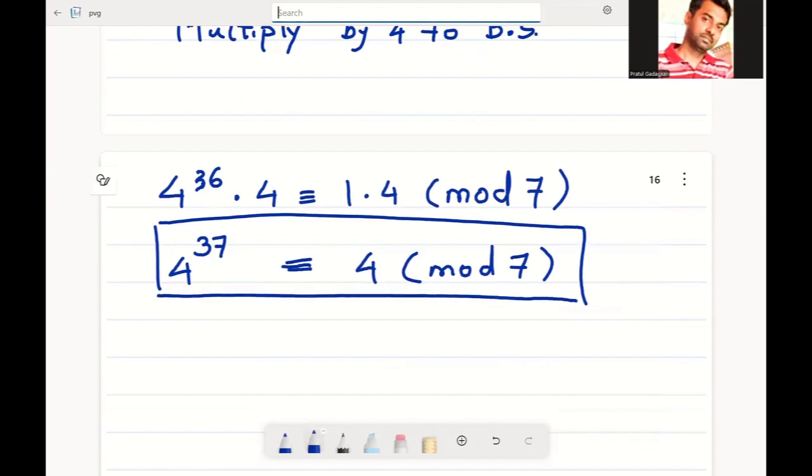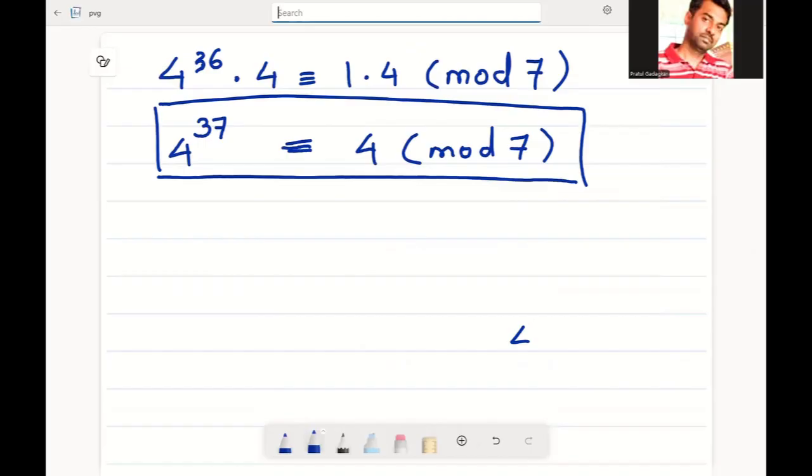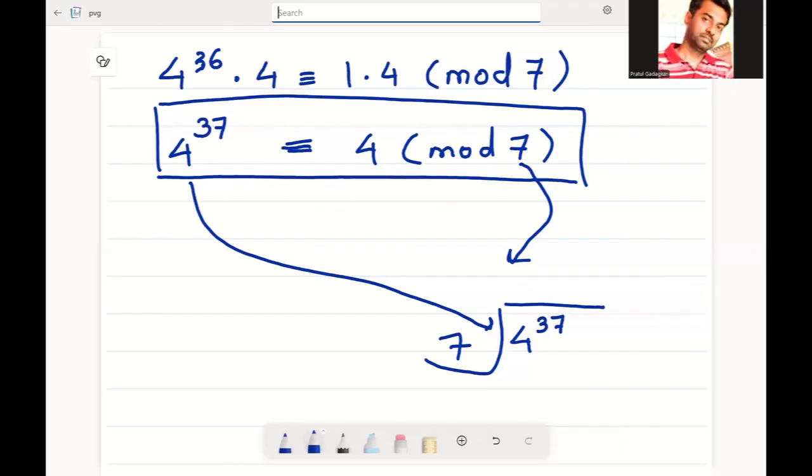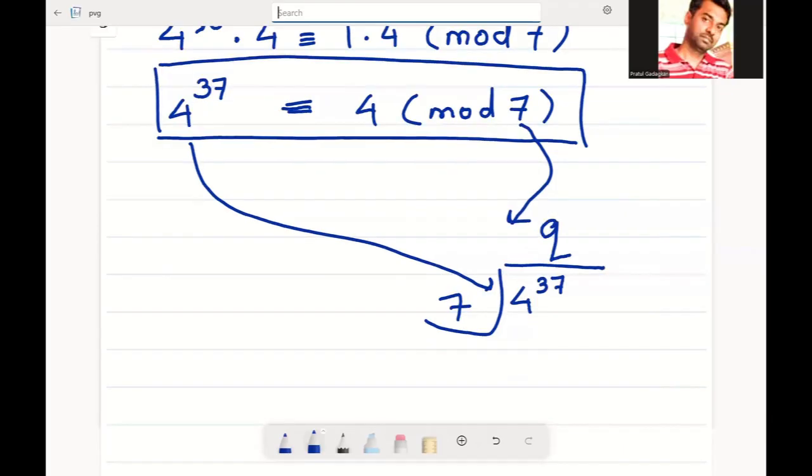The meaning of this particular line is that if I take 4 raised to 37 and divide it by 7, I will get a quotient, and what remains here is nothing but the remainder. So what is the remainder in our problem?